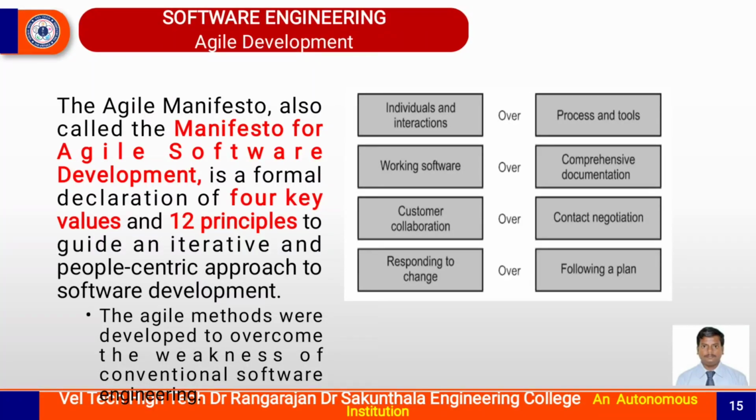The agile methods were developed to overcome the weakness of conventional software engineering. So, in this agile manifesto there is another, the agile process. So, what is this process? Actually, this process started in the 1980s based on heavyweight, plan based software development, and this approach is directly related to the software product that is being used.